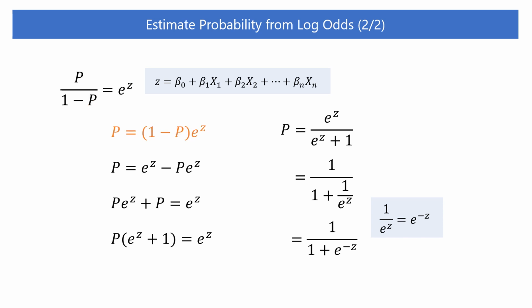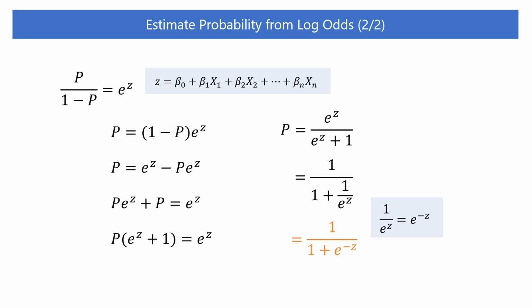Let's transform this equation to represent P. Through several steps, we can represent P by this fraction. Dividing the denominator and numerator of this fraction by e to the zth power, P is finally represented by this fraction. This fraction is the logistic function.